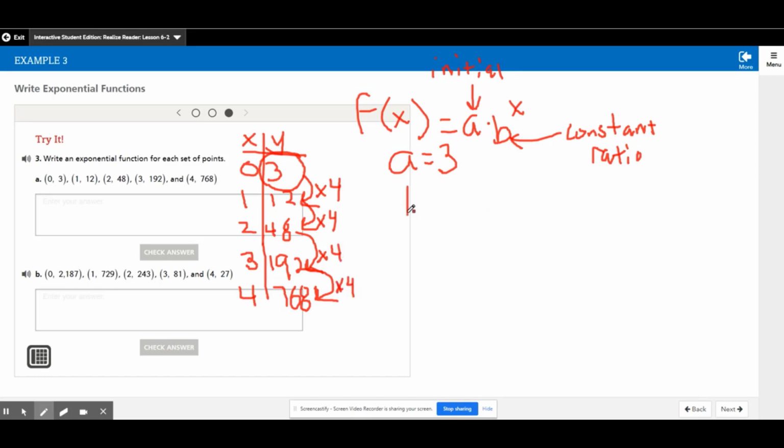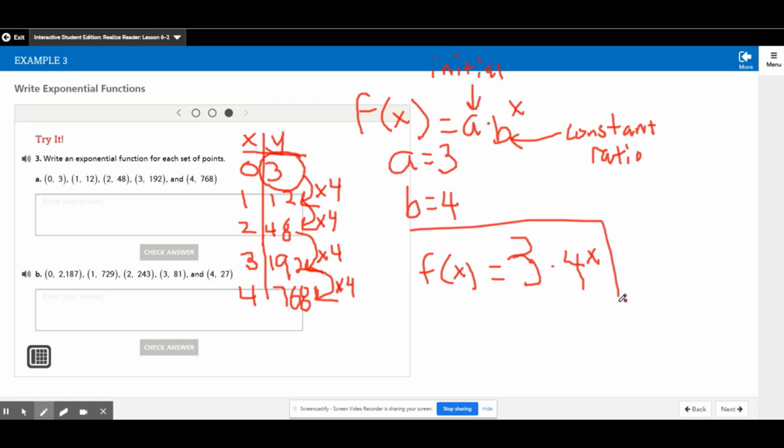So we're going to write b is equal to 4. And so the f of x function for letter A is going to be 3 times 4 to the x power, and that's your final answer. It has the initial amount that we started with, the constant ratio that we found, and then to the x power. And there's our answer for letter A.